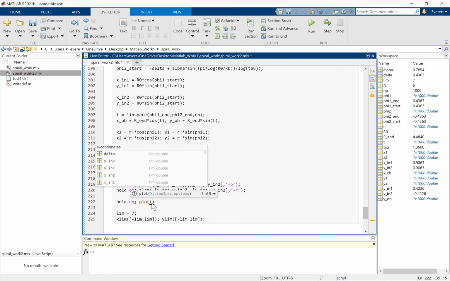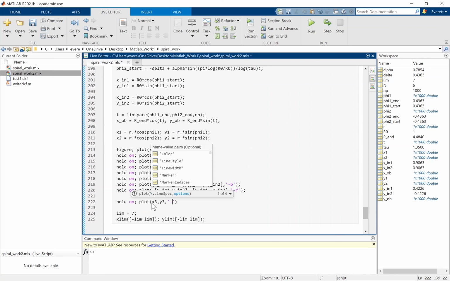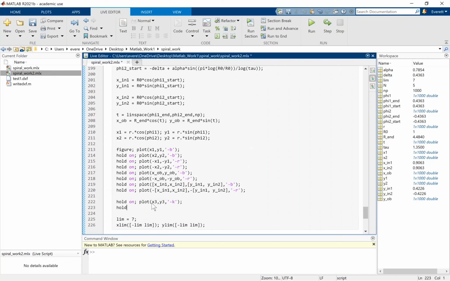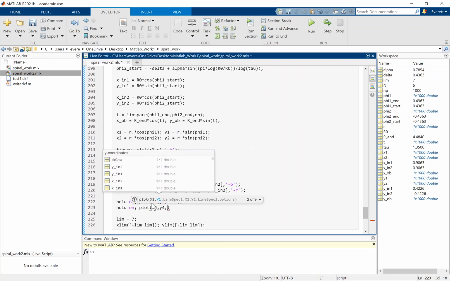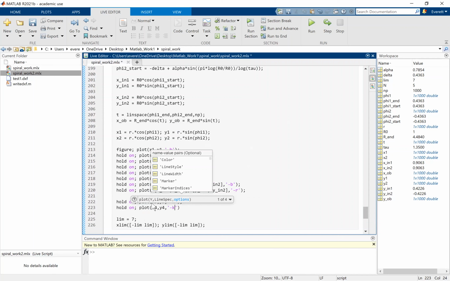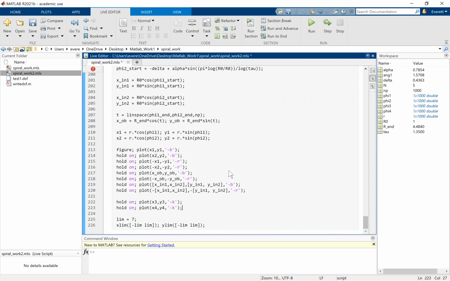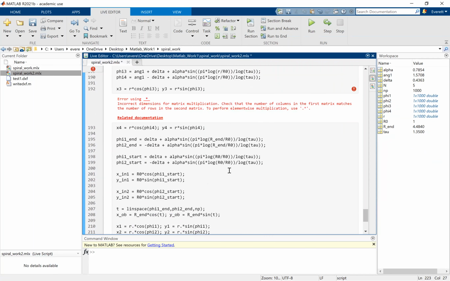So we plot these here, x3, y3. Let's make this one black. Then we'll hold on, plot x4, y4, and this is black. If we do that, and again, I forgot to use the element by element. So we'll put these periods here.